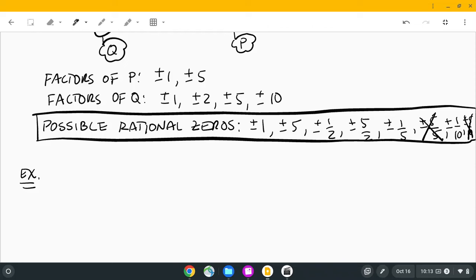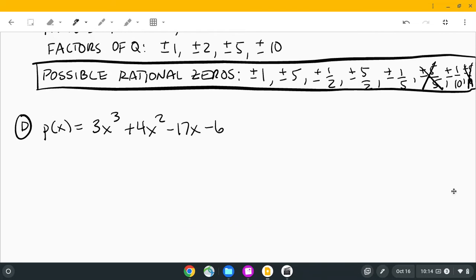Okay, suppose, actually this is letter D. Suppose that I have this polynomial here, 3x cubed plus 4x squared minus 17x minus 6.